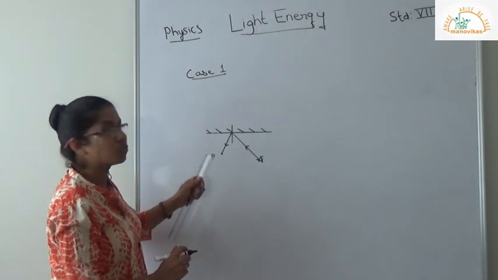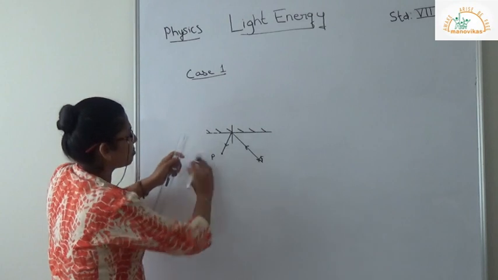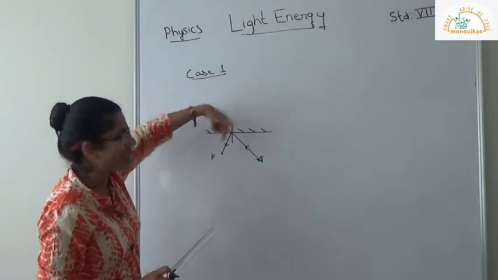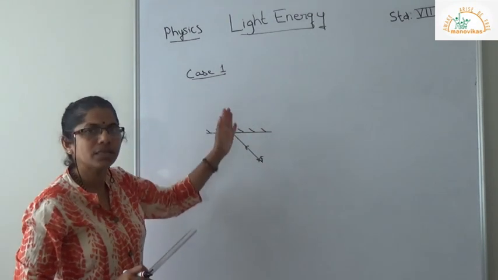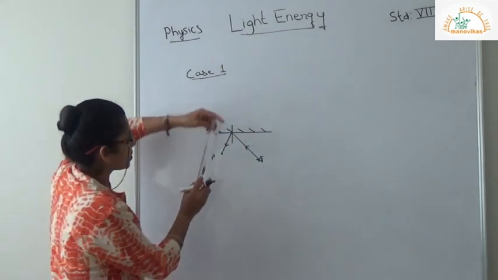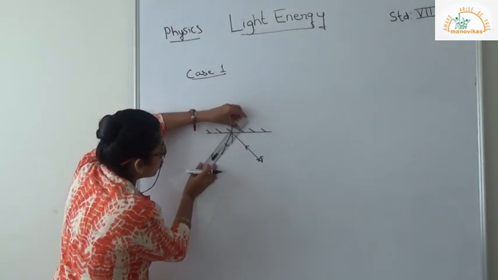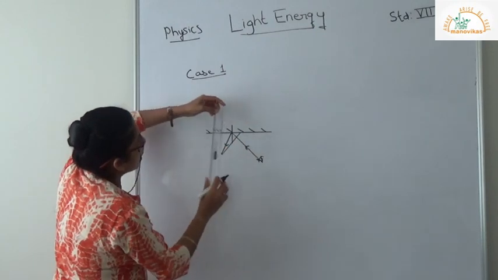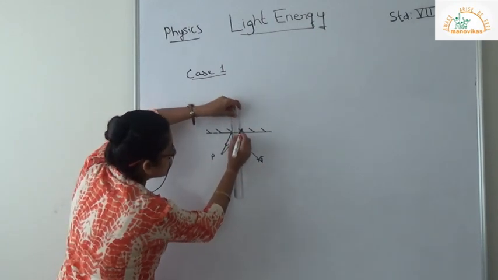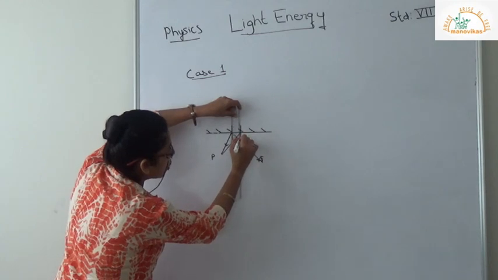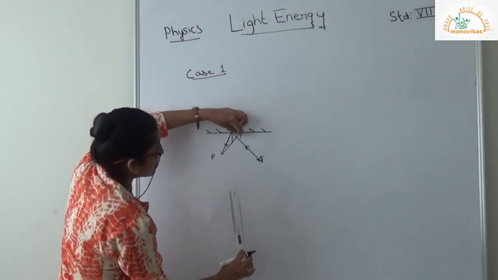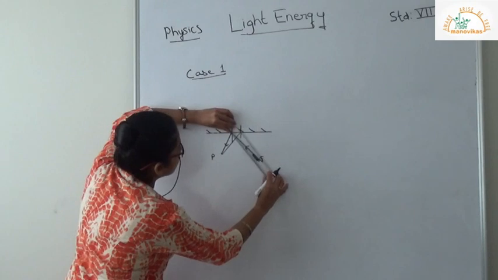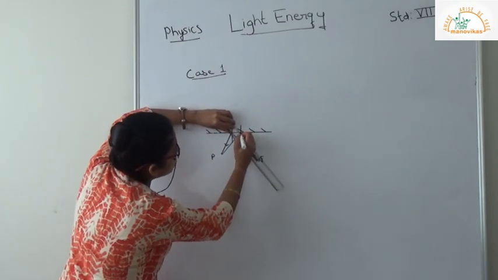Now in the same way, I am going to show you another point. From this point there will be many rays striking the mirror and then the observer can see those points. So I am going to show another point somewhere here. And again at the point of incidence, show a normal, and at the same angle you find the rays will reach the observer.